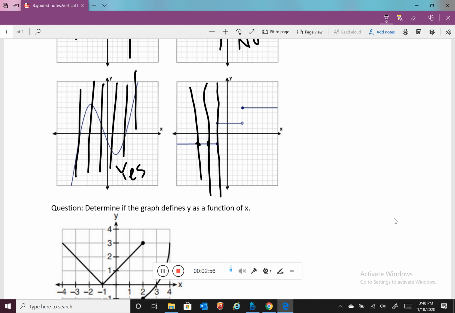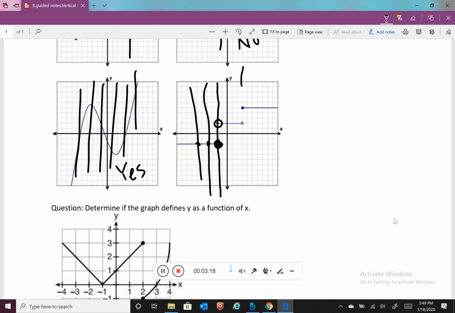And the answer is I'm still okay, because did you notice that right here, this is a closed point, but there was an open circle. And so it's like a thread going through a needle. I only hit my function once, and that was right here. Same for this situation.